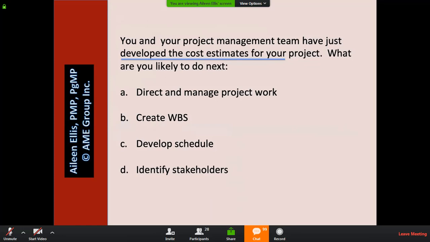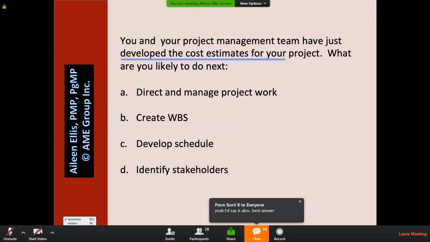So we've developed the cost estimates, what are we likely to do next. When I look at answer A, does A occur before or after estimate costs? So A occurs after. What about B, create WBS? Does that occur before or after? That occurs before. What about develop schedule?